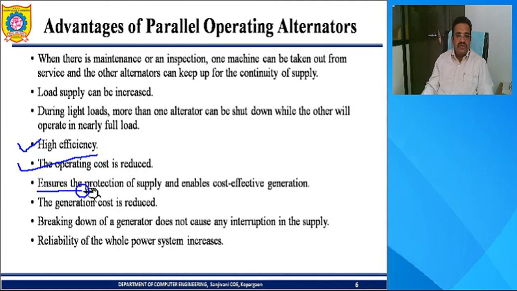It will ensure continuous supply and enable cost effective generation. Generation cost will reduce. Breakdown of a generator does not cause any interruption to the supply, and the reliability of the whole power system is going to increase.